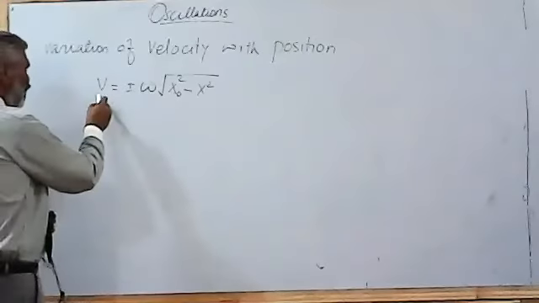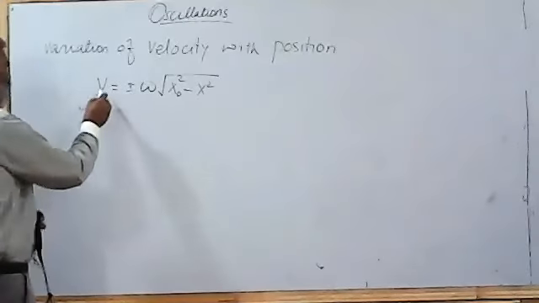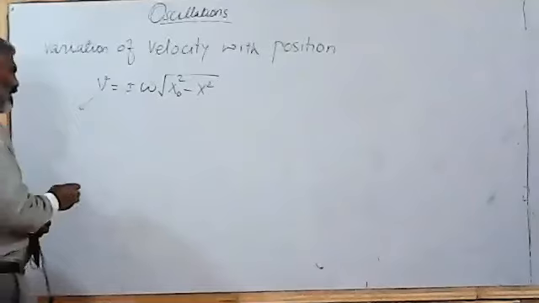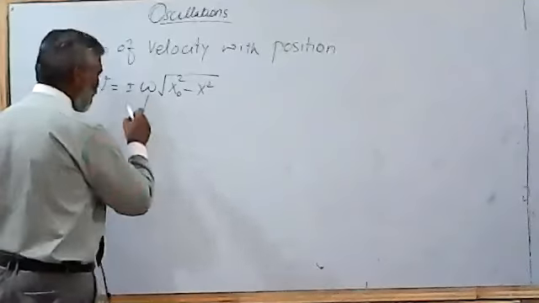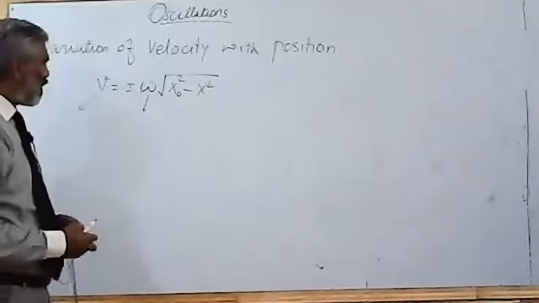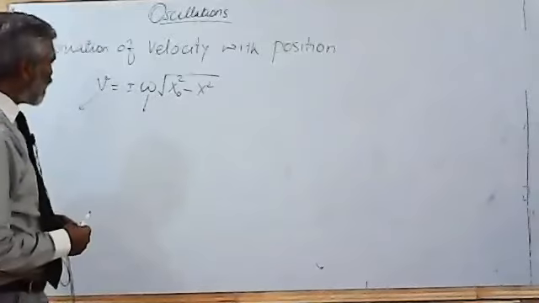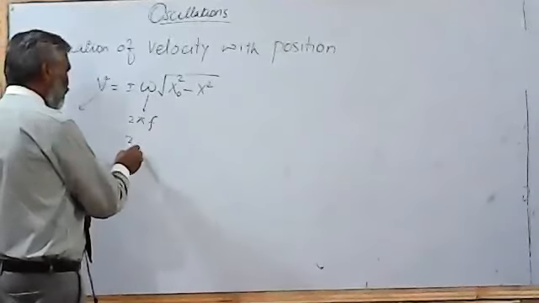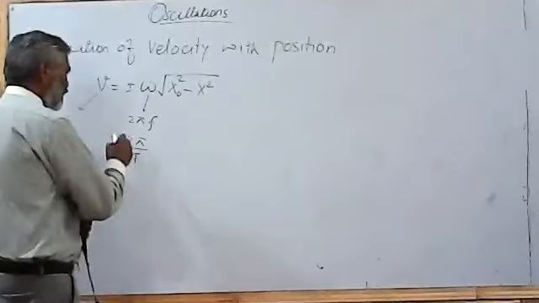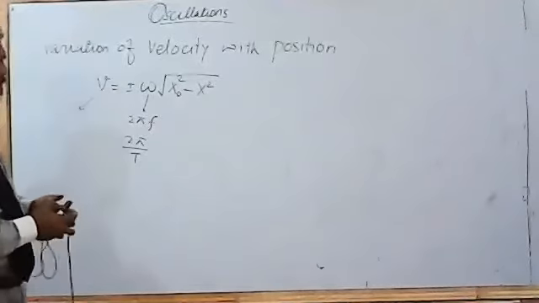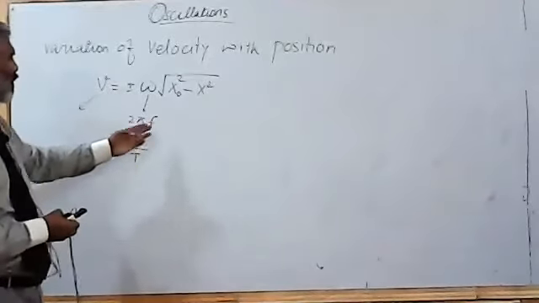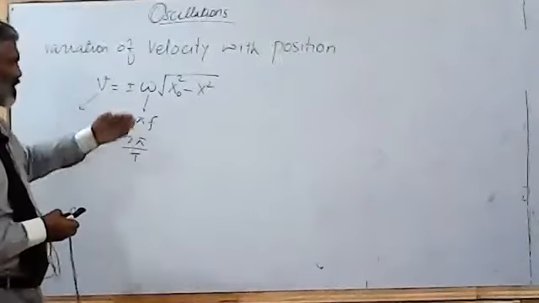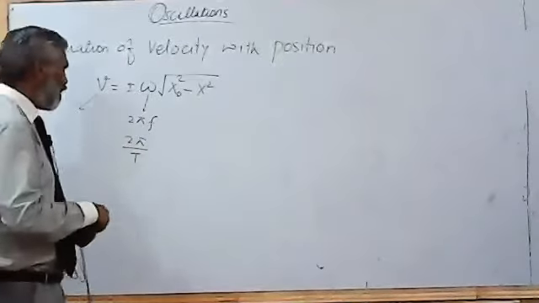This is the velocity at any position, as the symbol V suggests. Omega has the same meaning we have been using: angular frequency, which could be 2 pi f or 2 pi over T. That means if the time period or frequency of the oscillation is given, we know the value of omega.